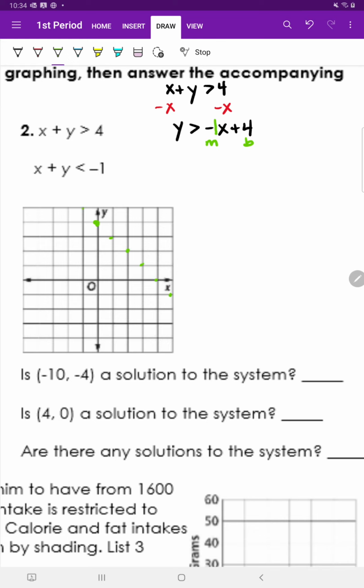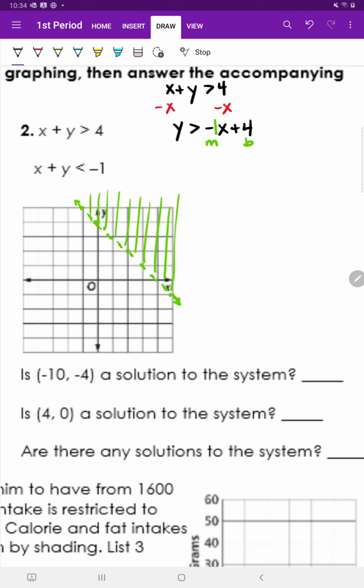And since our inequality symbol is a greater than, and it doesn't have an equal to component, again we have a dotted line. So we'll just draw kind of a dotted line going through these points. And finally, since it's a greater than symbol, when we go to shade, we're going to shade above. So we're shading kind of in this region.